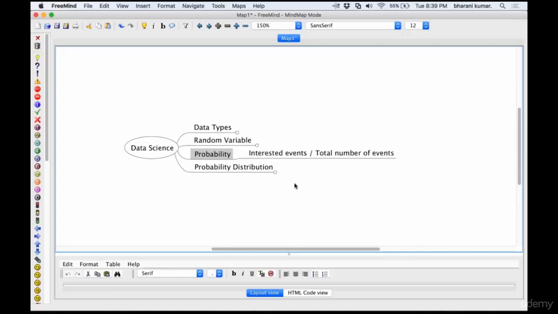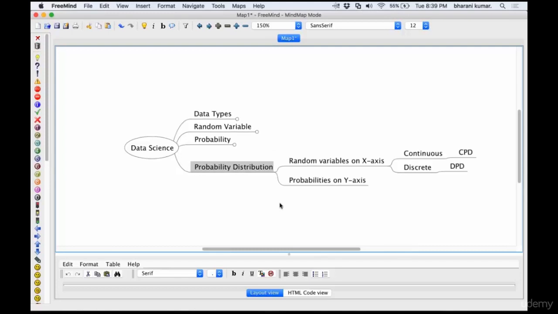Probability is given using this formula, which is interested events divided by total number of events. And using this particular formula, we have calculated a lot of problems. This is the most important part, probability distribution. Most people get confused here. If we can represent random variables on the x-axis and probabilities on the y-axis, it would be called a probability distribution.